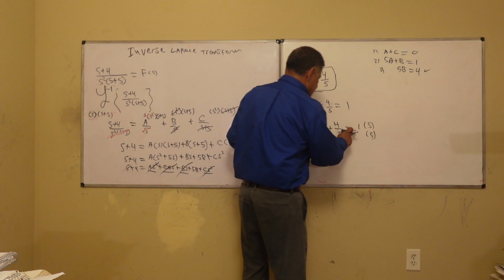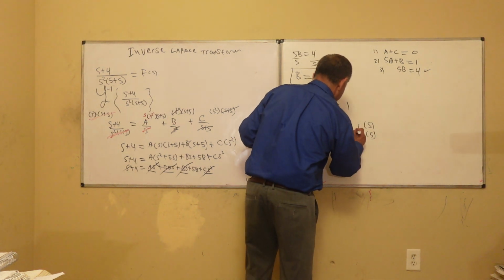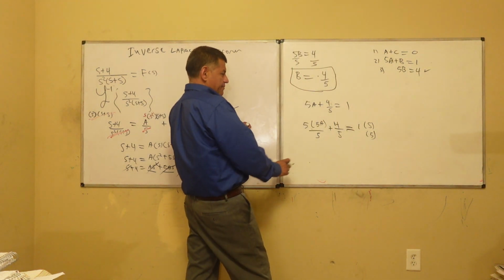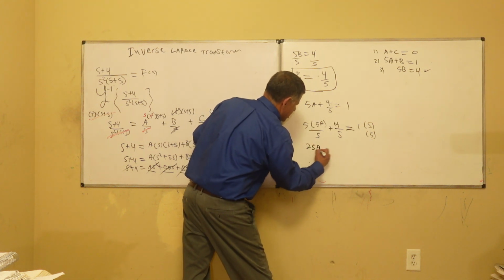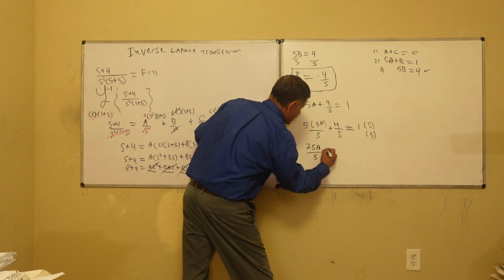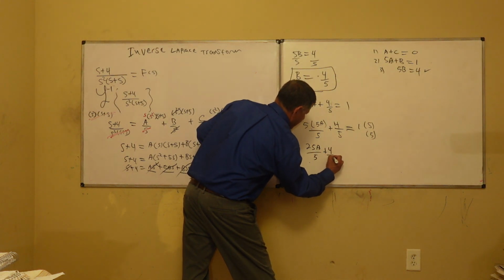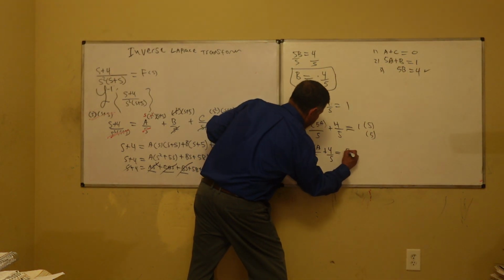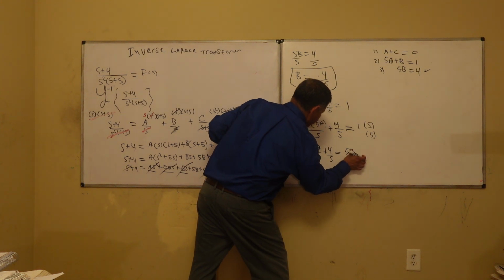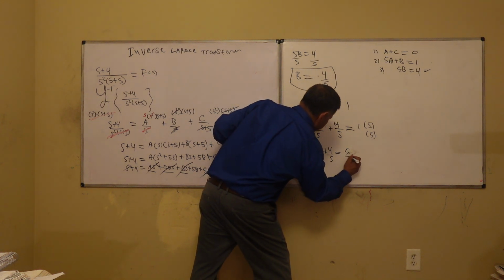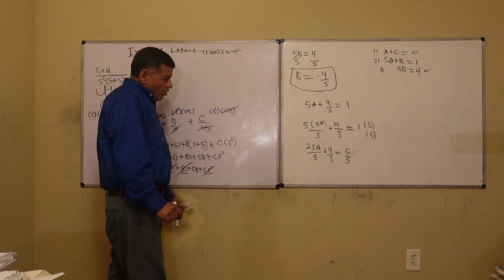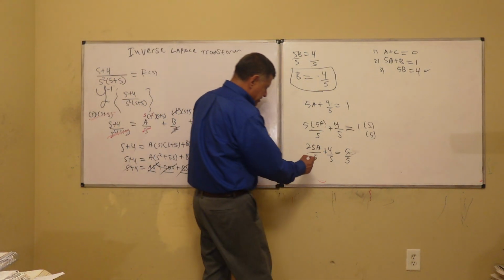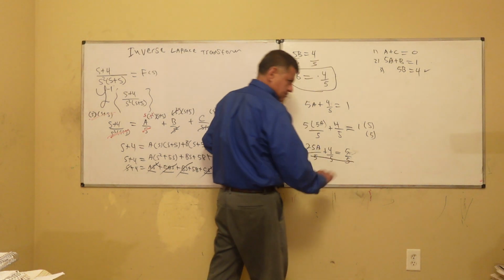So when I do that, what's going to happen? On the top I get 25a over 5 plus 4 over 5 is equal to 5 over 5. See that?